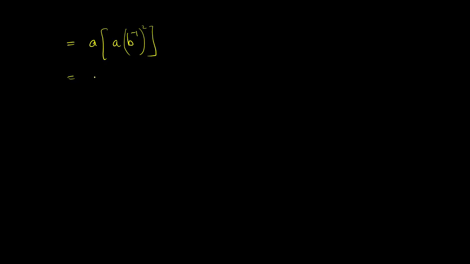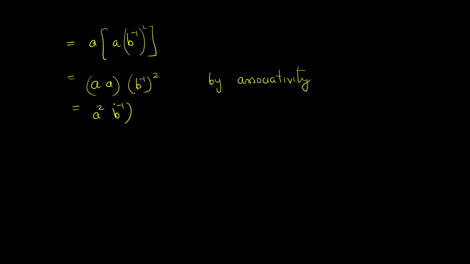Now again by associativity, this is A into A into B inverse squared, so it is actually equal to A squared into B inverse whole squared. Now we know that A squared is actually identity.